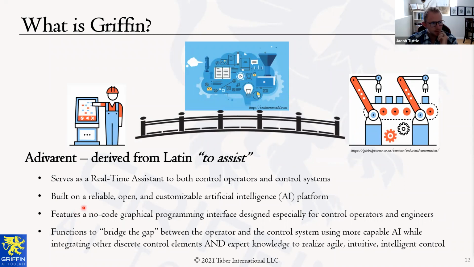So our out-of-variant control builds upon, as I mentioned, a very open, customizable platform, bringing to the table artificial intelligence capabilities, as well as more traditional PID, feedback, if-then type of control methodologies.